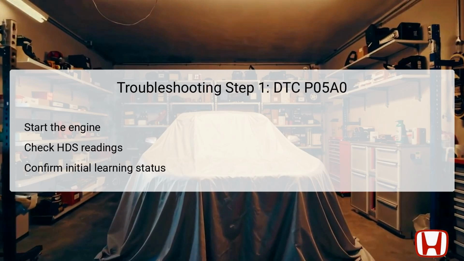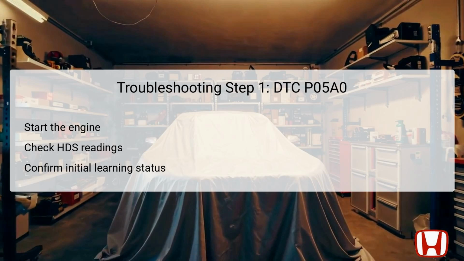The first troubleshooting step for addressing the DTC P05A0 involves starting the vehicle's engine and obtaining real-time diagnostic data using the Honda Diagnostic System, HDS. Technicians should look for specific readings within the HDS, particularly focusing on the upper shutter grille block error and the state of upper shutter grille initial learning.